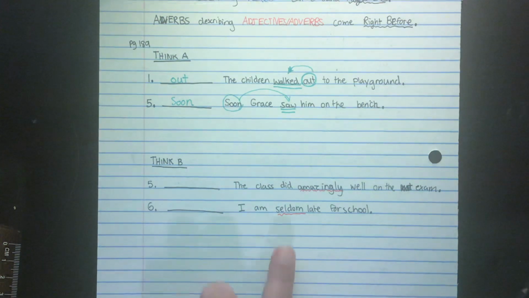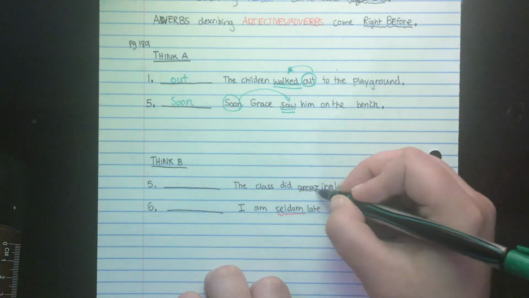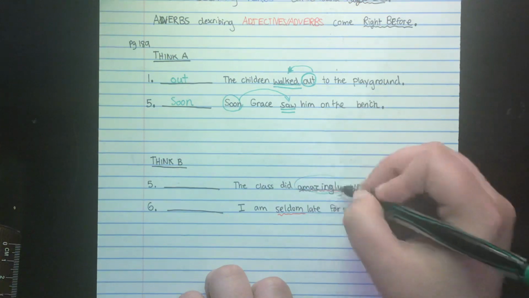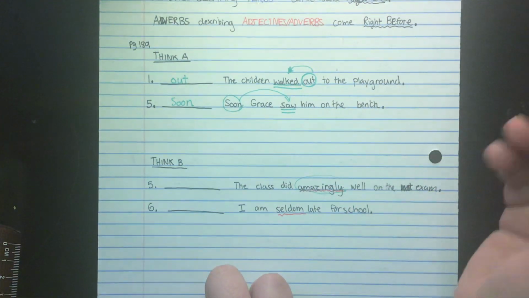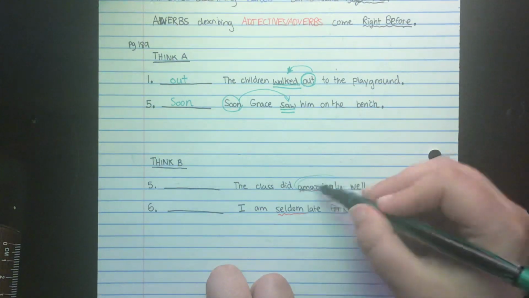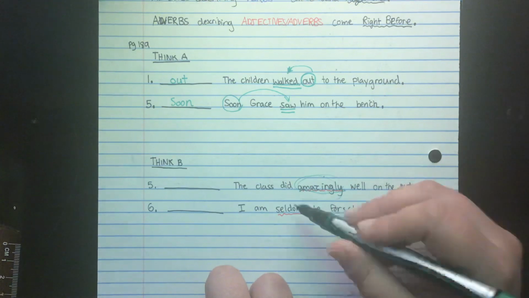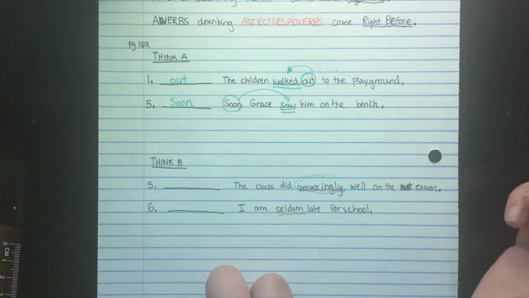The directions tell us, in the blank, write the word which the italicized adverb modifies. So basically it's saying, this is your adverb. What word is that changing? What word is that describing? And the nice thing is a modifying adverb always comes right before the word it's modifying. So these ones are a lot easier to find.